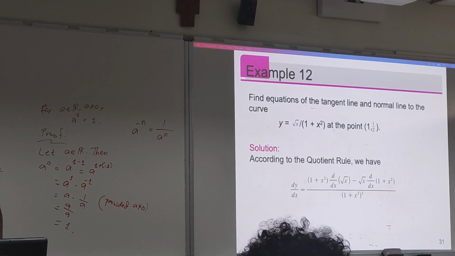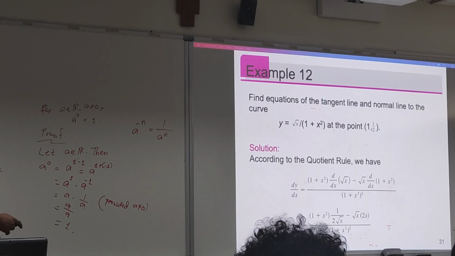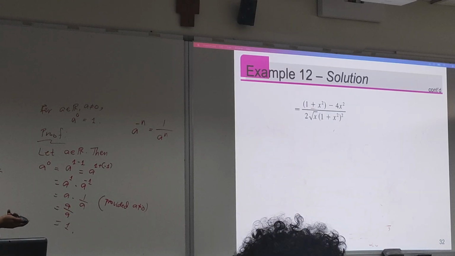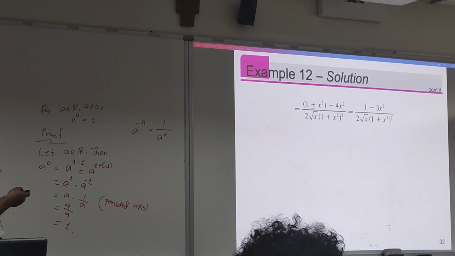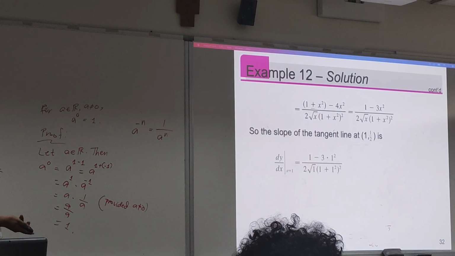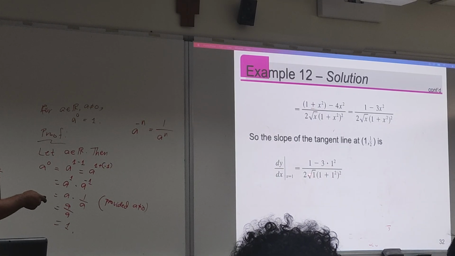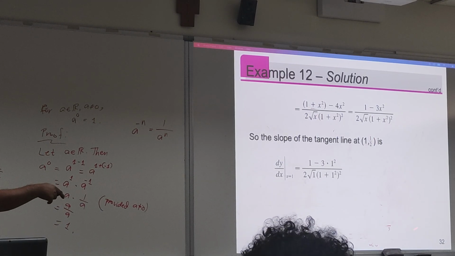We have this simplification. And then what's next? From that, we have that solution, and of course, the slope of the line at x is equal to 1. If x is equal to 1 here, you can find our slope for that.